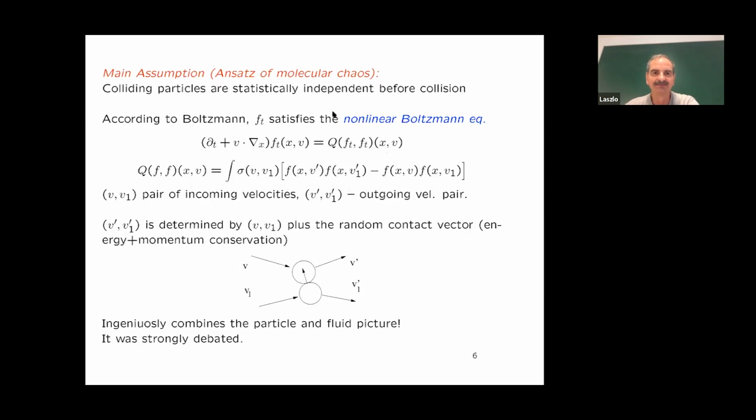And behind that, there's a main assumption, which is called the ansatz of molecular chaos, which says that the colliding particles are statistically independent before the collision. So there are two incoming particles, and they are basically independent, meaning that in their prehistory, they have never collided with each other.